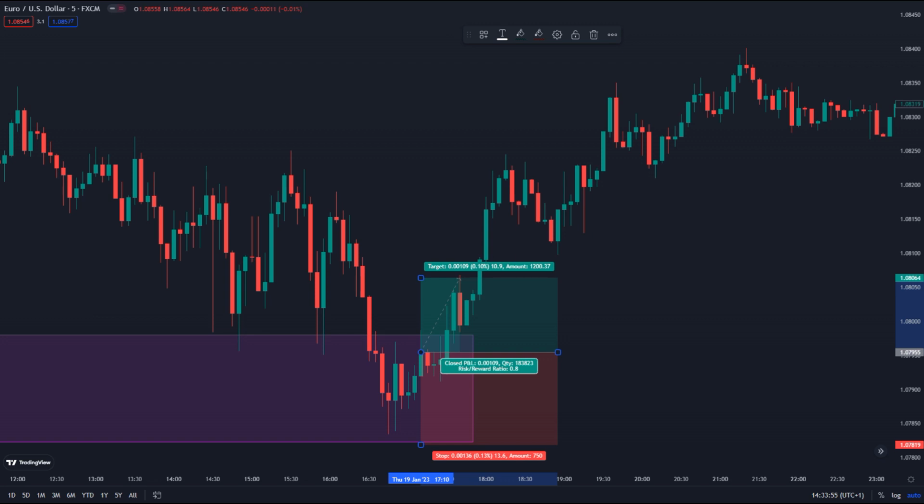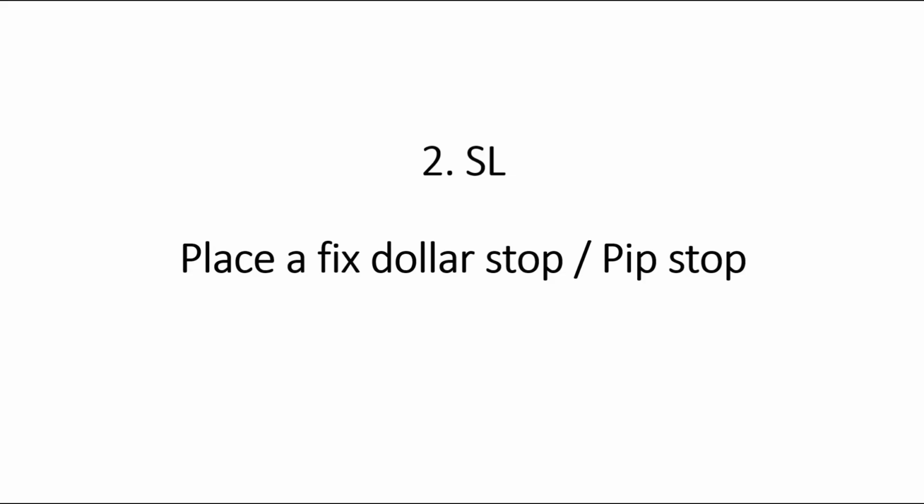That's what we don't want, therefore we place the stop right below the resistance level to leave a little space for the trade.